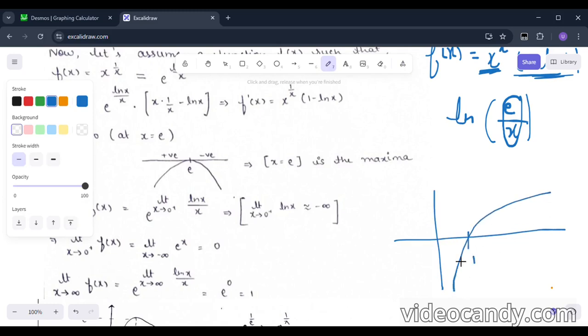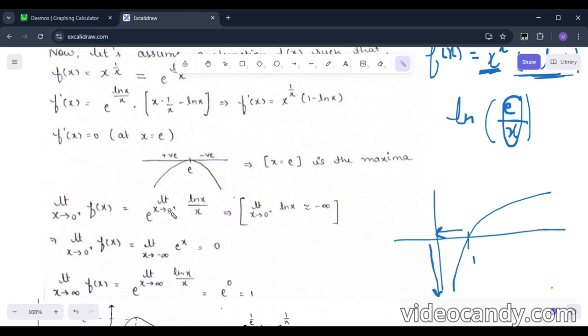This point is 1, and whenever you are approaching 0 from the right hand side, the value is approaching negative infinity. So for x tending towards 0 plus, ln x will be approaching negative infinity, and this x is also approaching 0. So the overall fraction will be approaching towards negative infinity.